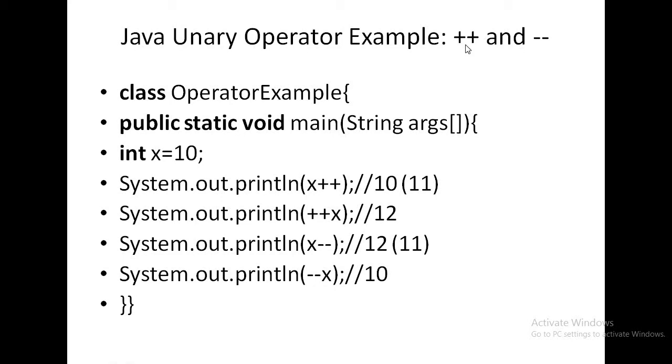This is my plus plus and minus minus. It increments the value by 1 and decrements the value by 1. Plus plus is the increment operator, minus minus is the decrement operator. If the increment operator appears after the variable name, it is the post-increment operator. If the operator symbol is present before the variable name, it is the pre-increment operator.